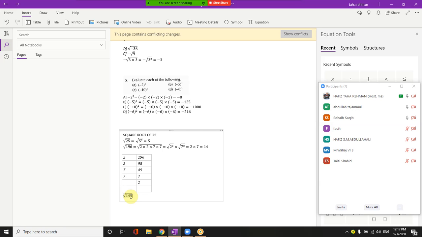Abdullah Tajammul, Suhaib Saqib, Fasi Abdullah Ali, Bahaj Talal Shahib. Beta, you need to find the square root of 144. What are you looking at? Square root of 144. Hurry up, Abdullah Tajammul, quickly.